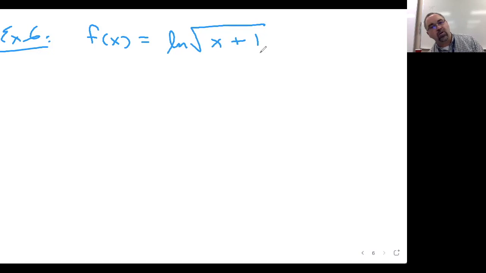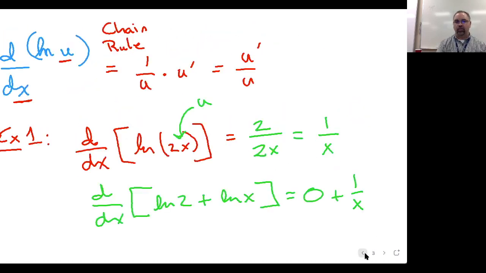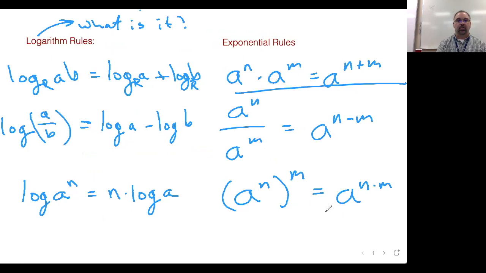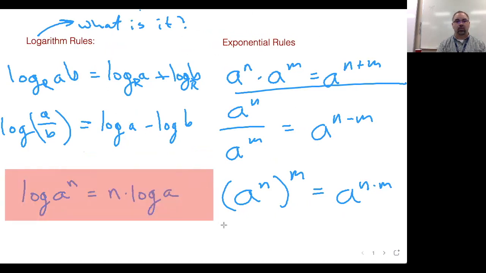But I want you to notice something important about this one. Let me go back a couple pages. There's a rule I want you to remember, because this rule can help us turn what I just had for our problem into something a lot simpler. Check it out.